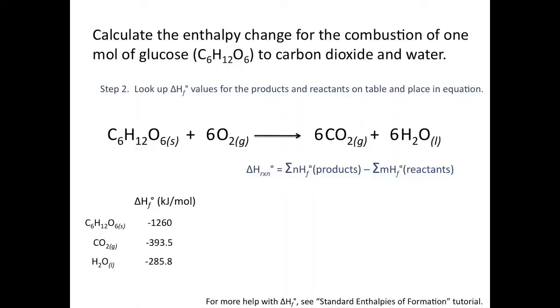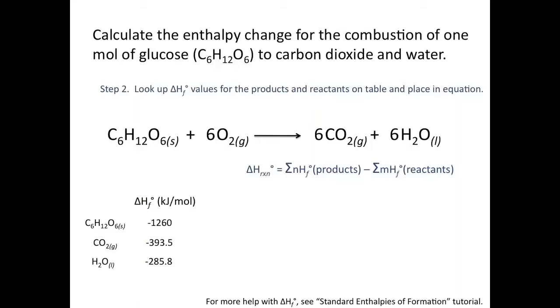problem. The other thing that's important when doing these problems is to specify the state of your reactants and products, because the enthalpy of formation values differ depending on the state of a compound. So, for example, the enthalpy of formation of liquid water is different than that of solid water or gaseous water.